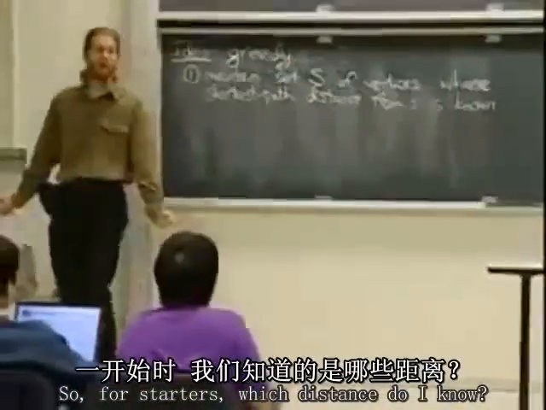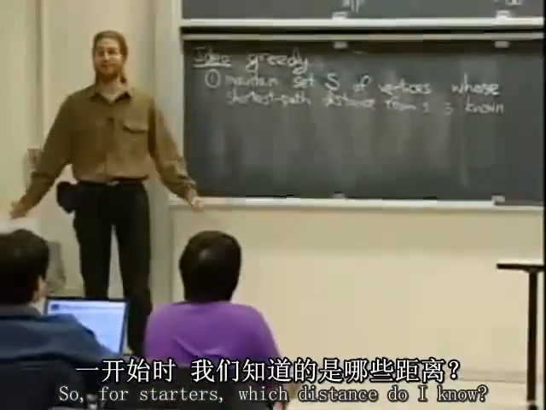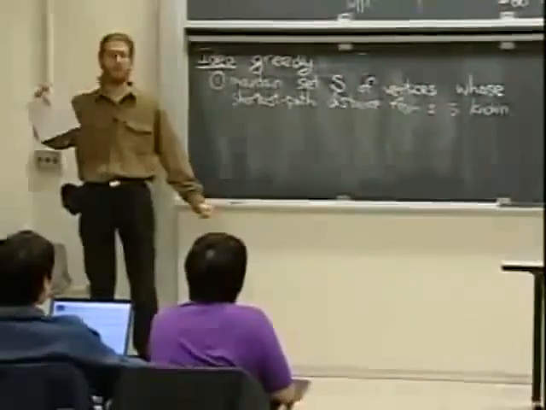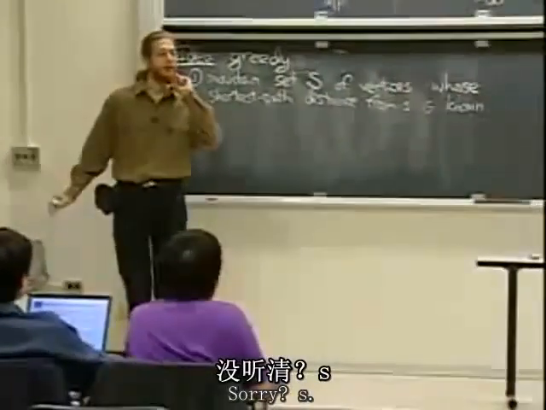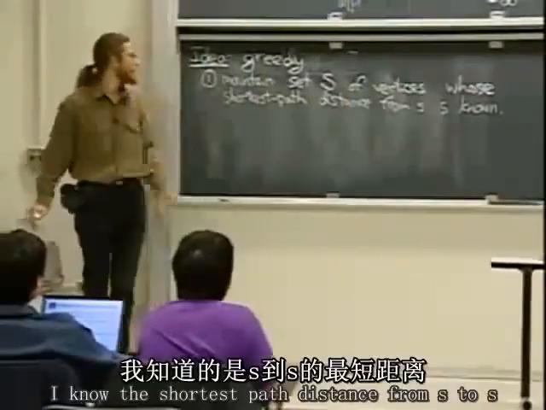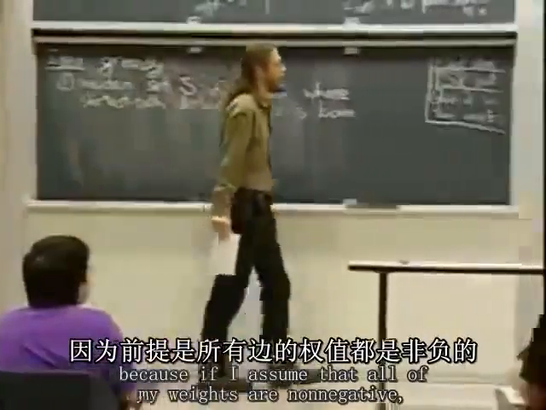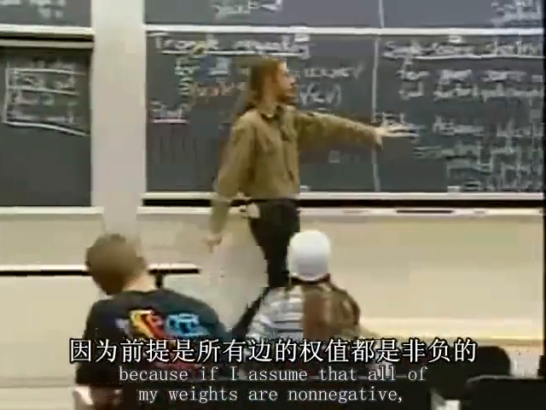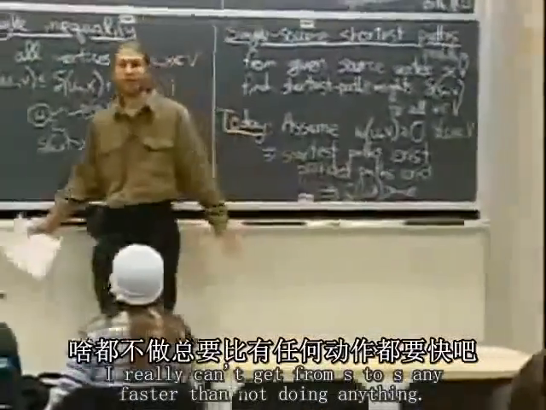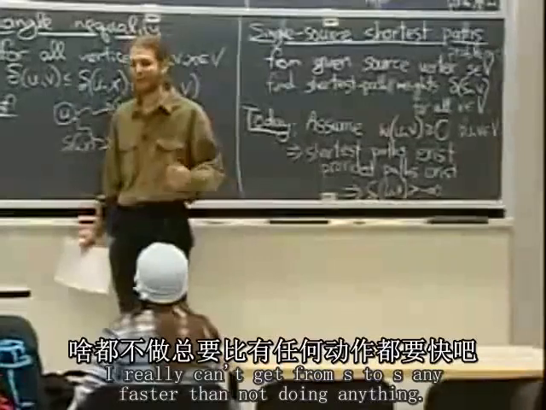So for starters, which distance do I know? Yeah, I know the shortest path distance from S to S, because if I assume that all of my weights are non-negative, I really can't get from S to S any faster than not doing anything.